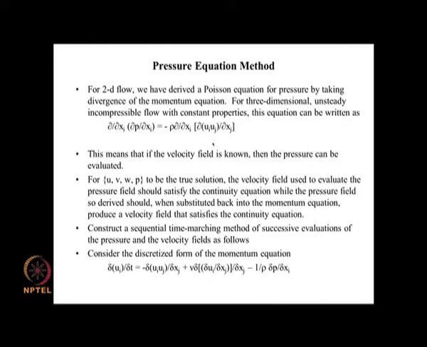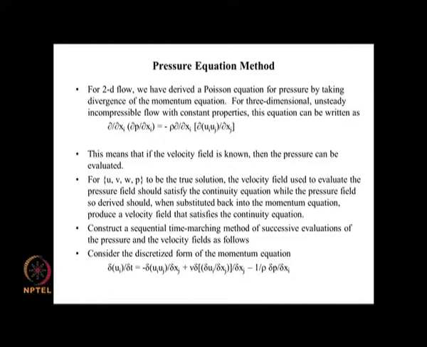So, we also know that for u, v, w, p to be a true solution of fluid flow, the velocity field, that is u, v, w, which are functions of x, y, z, t, used to evaluate the pressure field, should satisfy the continuity equation, while the pressure field so derived when substituted back into the momentum equation should produce a velocity field that satisfies the continuity equation.